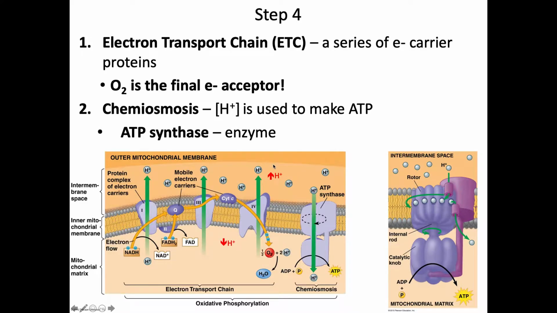So what if I ask you a question? Carbon monoxide and cyanide are poisons that can block these electron carriers. Specifically, they can block complex 4 in the electron transport chain. So if you block this, what would happen to your cell? What's going to happen is that you won't be able to build up as much hydrogen ion concentration, and you won't be able to make as much ATP.